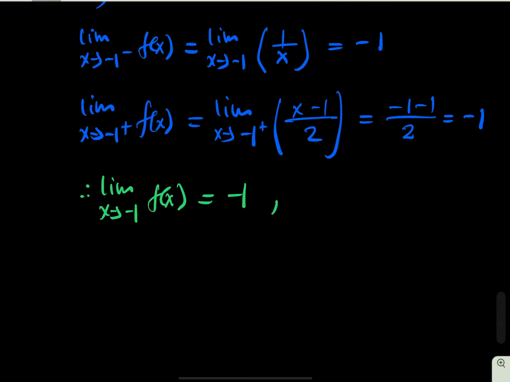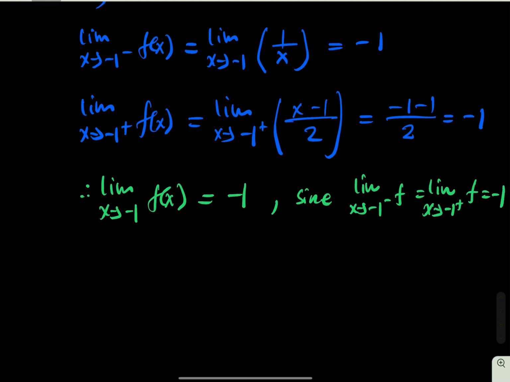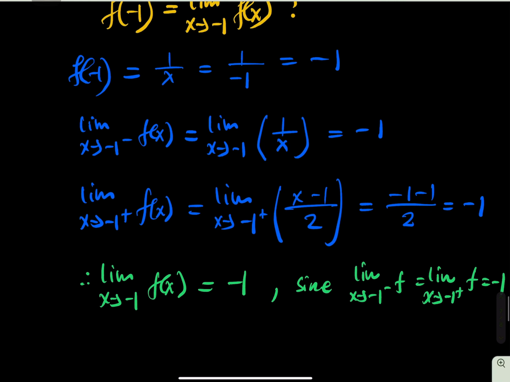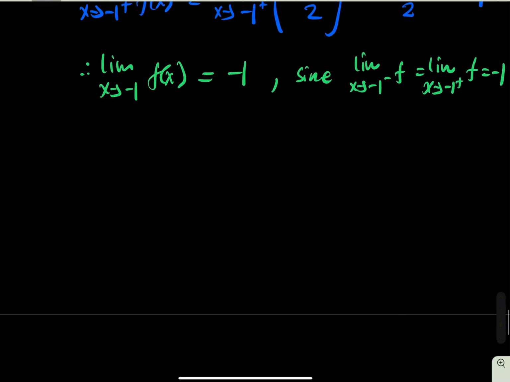You can also say, since the limit as x goes to -1 from the left of f is equal to the limit as x goes to -1 from the right of f, and they are both equal to -1, it means that the limit as x goes to -1 from both sides, they are really equal, and the limit does exist. And f at -1, you got -1 as well.